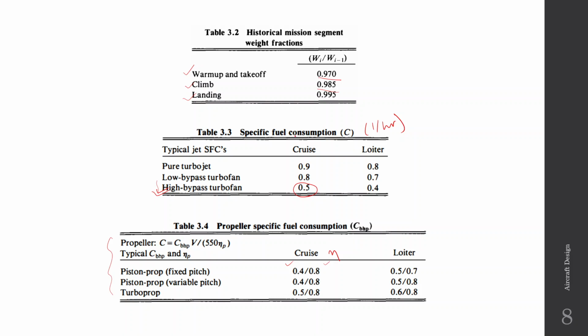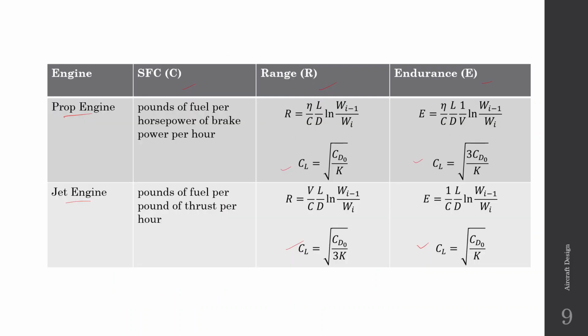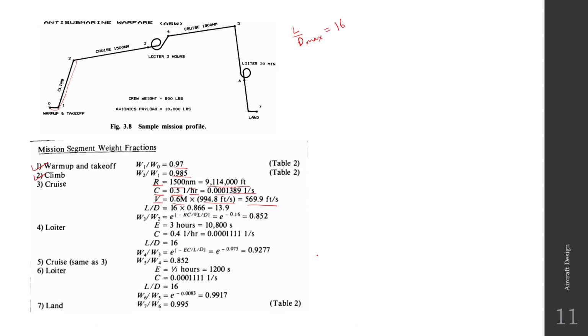For a jet engine, when we want to maximize range, and in this case we are maximizing range, we fly at 0.866 of the L by D max. So here this is L by D max, and we are flying at 86%.